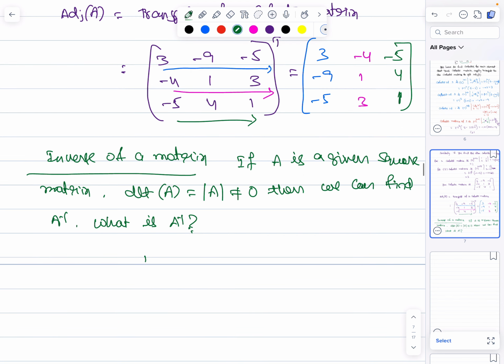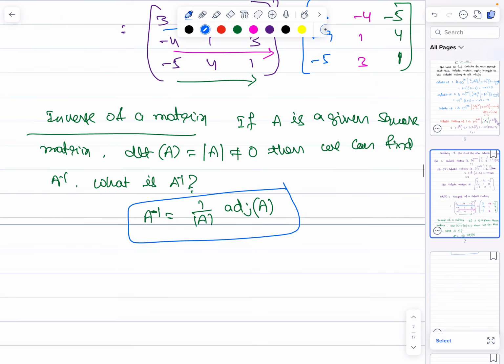So A inverse is equal to 1 by determinant of A into adjoint of A. For example, we have calculated the adjoint matrix in the previous case.